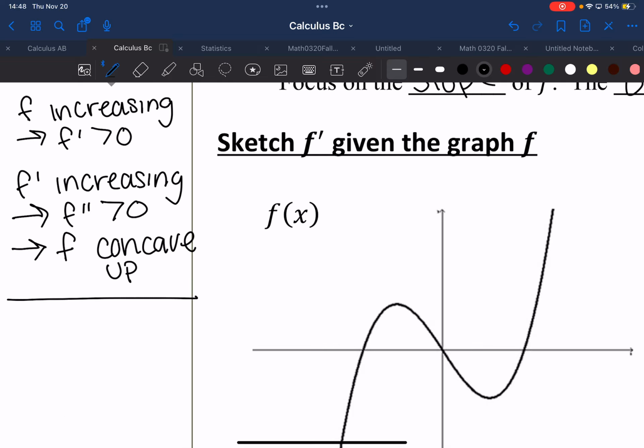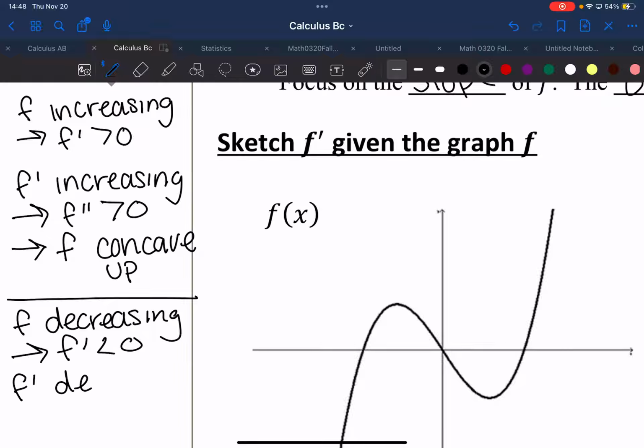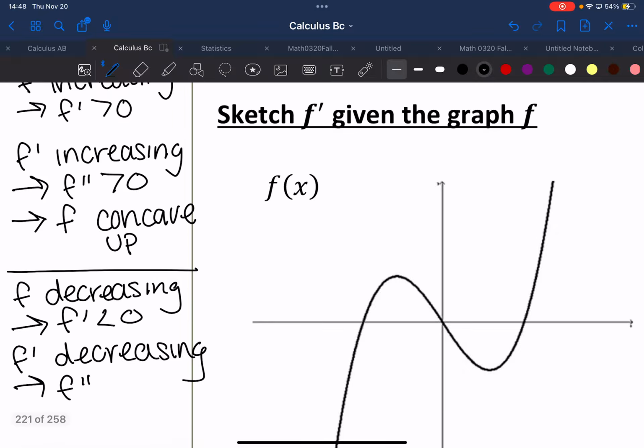Okay, so now we look at decreasing. If f is decreasing, that's the same as saying that f prime is negative, less than 0. So if f prime is decreasing, this implies that f double prime is negative, also less than 0.